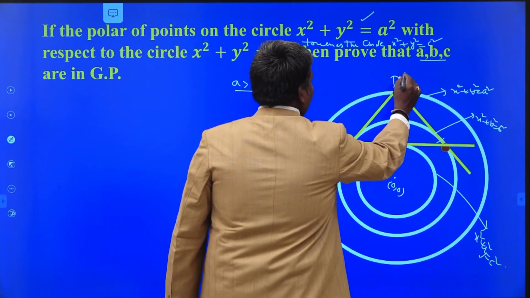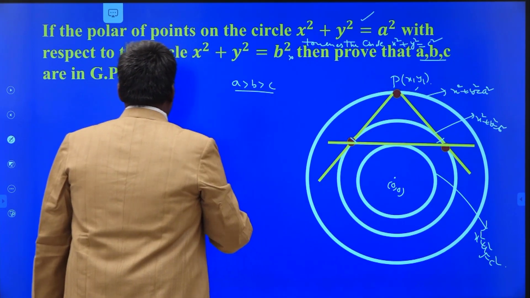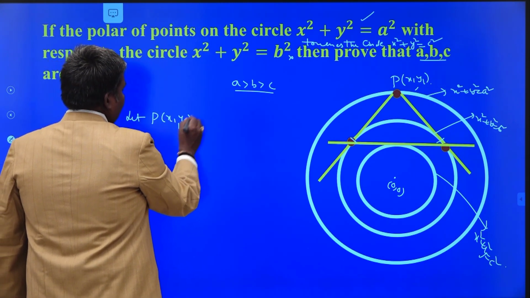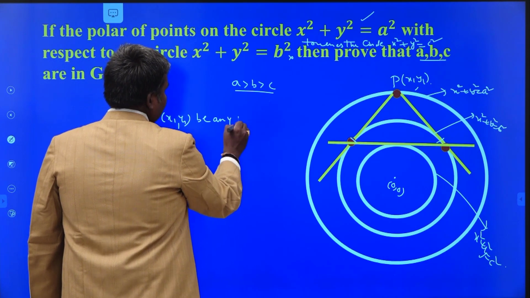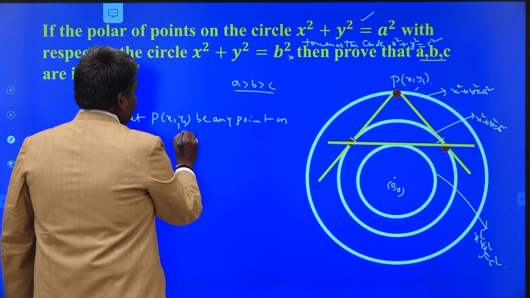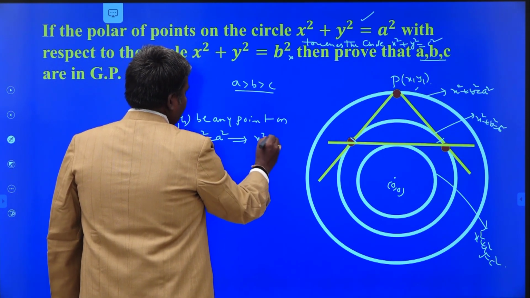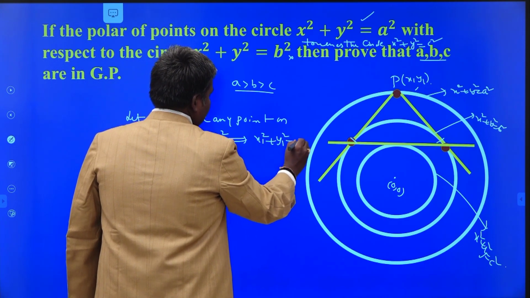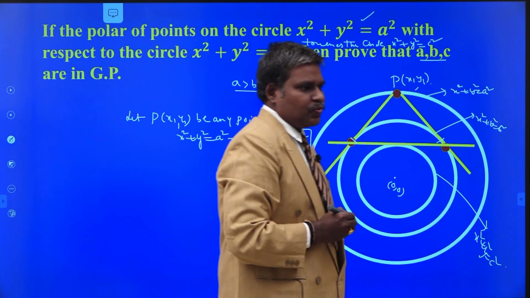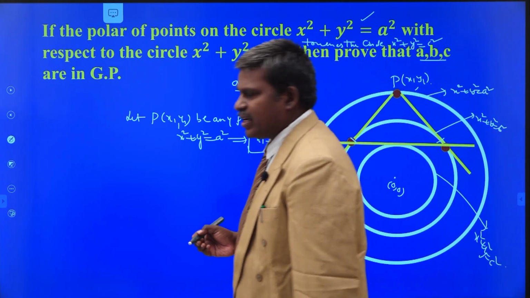Suppose this is my point P(x1, y1), say. Let P(x1, y1) be any point on x² + y² = a². This implies immediately we have the condition x1² + y1² = a². Next, what you have to write? The polar of P(x1, y1) with respect to the circle. What is the polar of (x1, y1)? S1 = 0.